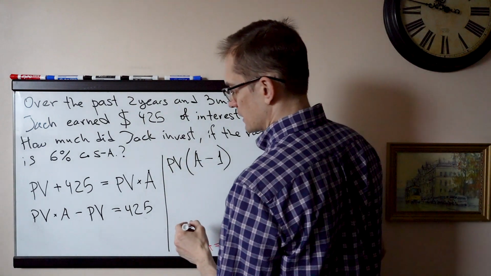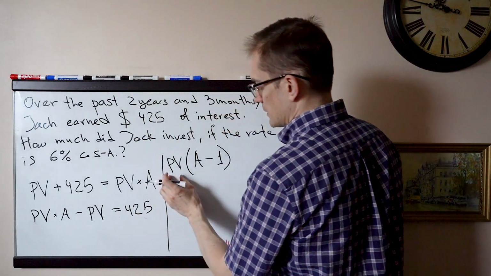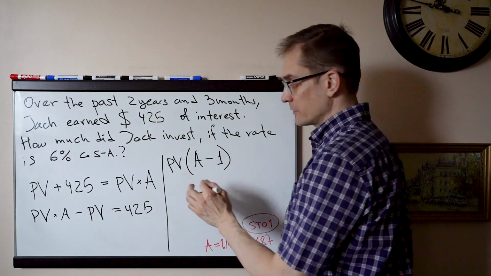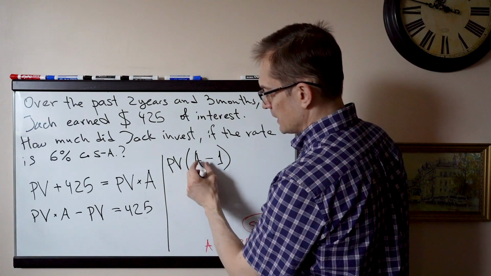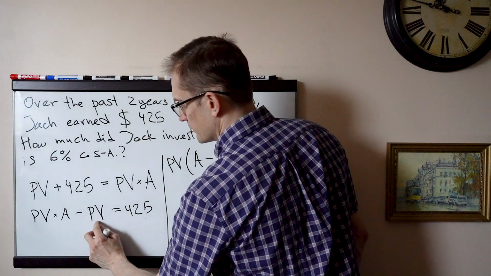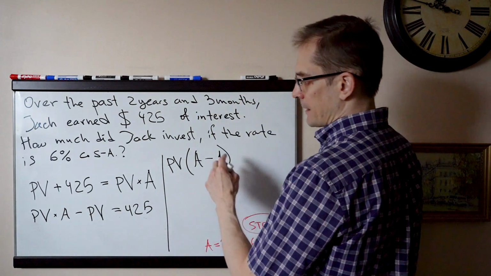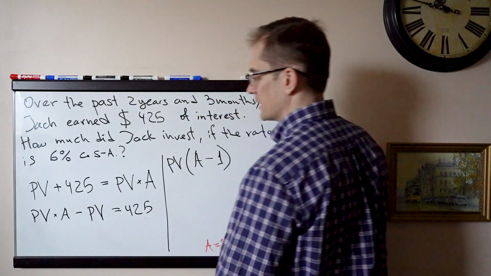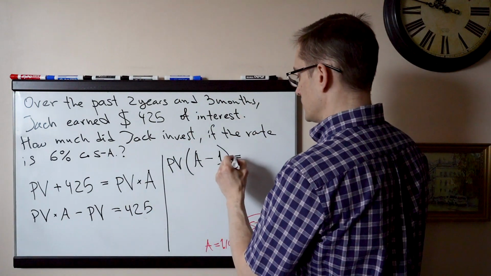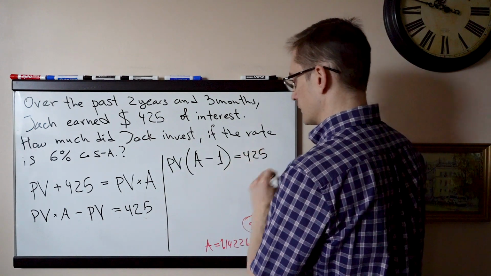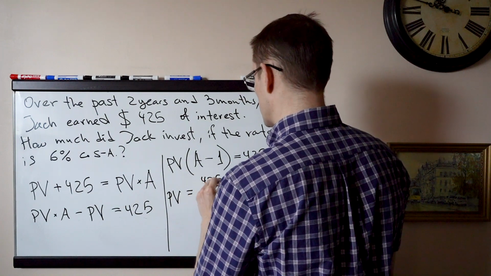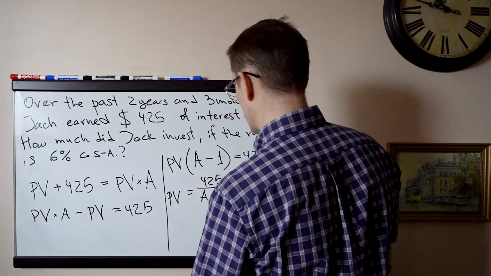Why can we do this? Because if you go backwards, you will see very clearly, right? If you open up this bracket, which is the distributive law, present value times A is PVA, minus present value times 1, minus PV, right? So we basically take PV out of that bracket. We factor out PV, and that will be 425. So our last step will be finding present value, which is 425 divided by A minus 1.